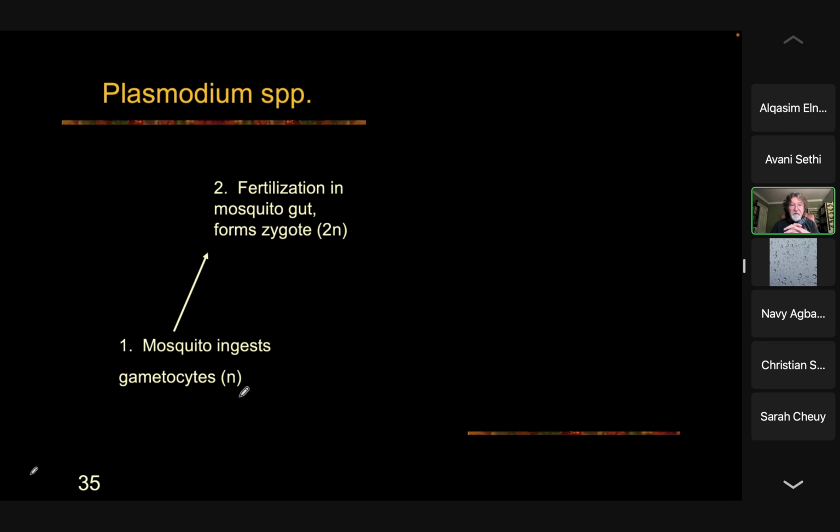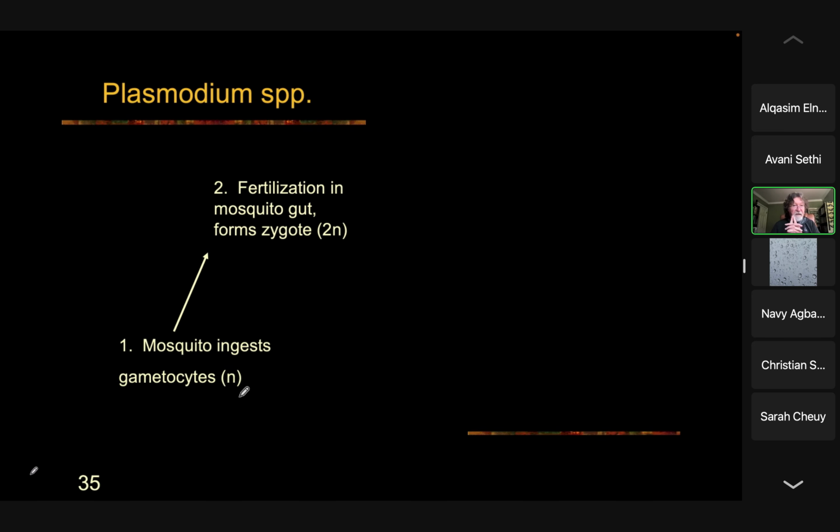So they would have to take up the gametocytes of one of the 4 species of Plasmodium that can infect humans. Other forms, like those from chimpanzees, have their own unique species. In fact, one of these, I believe, Plasmodium vivax, is found both in humans and in chimpanzees, and it probably jumped from chimpanzees into humans. But there are other species of Plasmodium in chimpanzees that will not survive in humans.